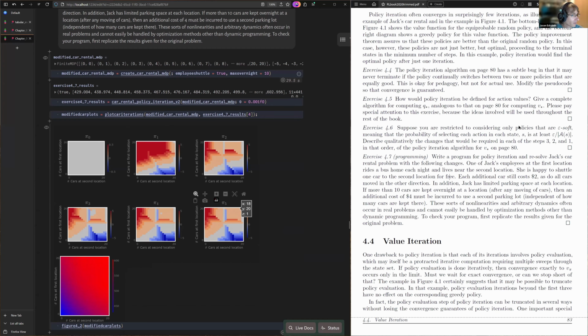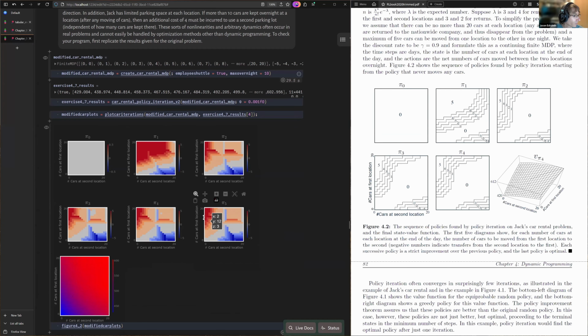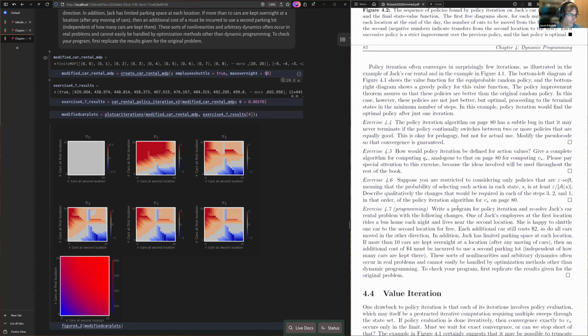If we compare this policy to this one, at the extreme corners, it's still the same policy, but quite a bit different in the middle. It's not that straightforward to understand, but it should be pretty easy to understand why this action of one is so frequent in this modified version, considering we have the one free move from A to B.